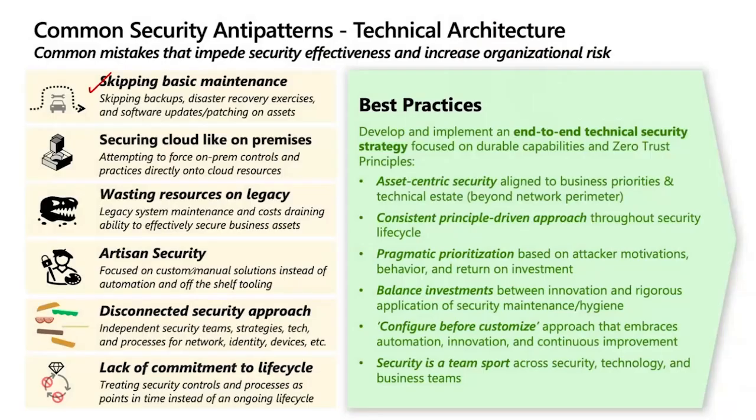Also trying to customize everything with artisan security options; customizing everything is not possible. Also a disconnected security approach, where different teams work independently and not closely, especially when they talk about security components. Then lack of commitment to the lifecycle.